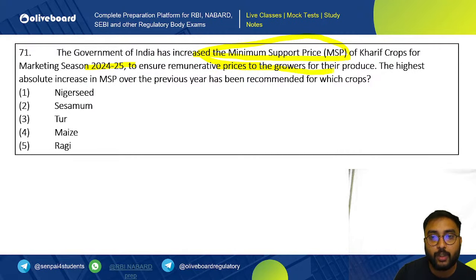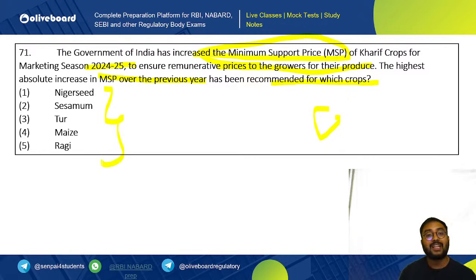Government has increased minimum support price for kharif crops for the marketing season of 2024-2025. To ensure remunerative prices to the growers of their produce, the highest absolute increase in MSP over the previous year has been recommended for which type of crops in the kharif season? I will give you a hint. These are oil seeds. Which of the following has the highest percentage increase from the last year's MSP prices?